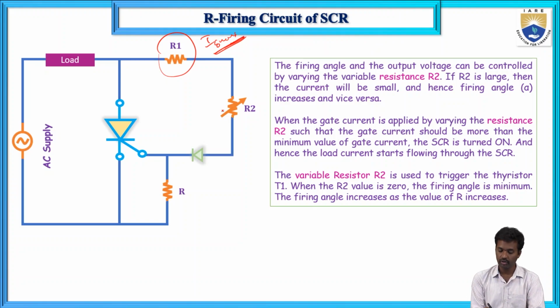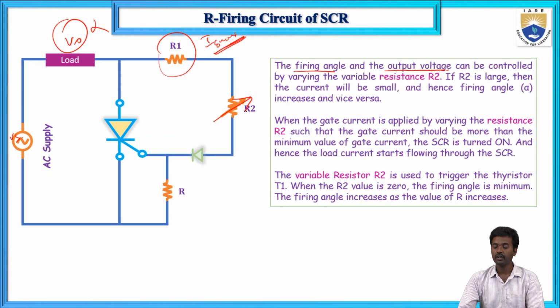And next, what about R2? It decides the firing angle and output voltage V0. The firing angle alpha can be determined by varying this R2 resistance.